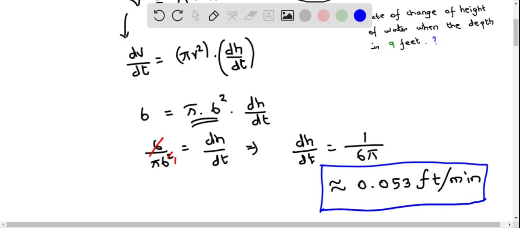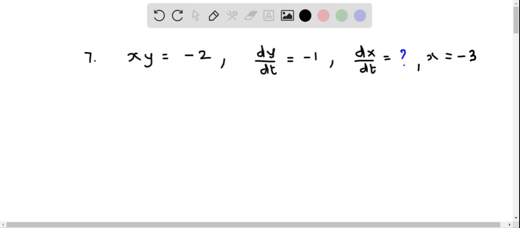Let's answer question 7. So here we have to determine dx by dt when x equals negative 3. So let's use this equation xy equals negative 2. Here we have to do the implicit differentiation. So I'm going to use the product rule here.